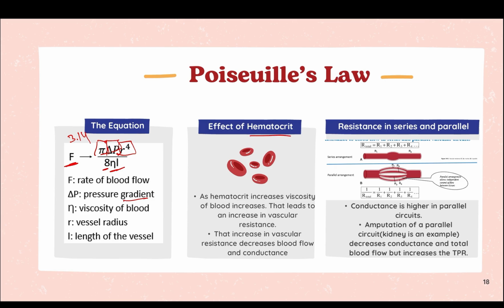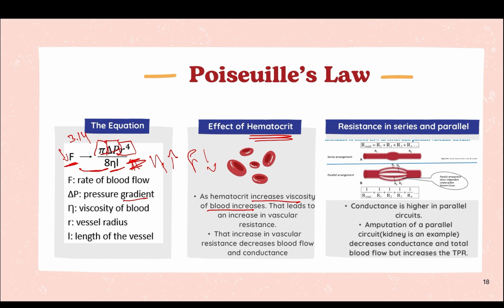Now, let's talk about hematocrit. Hematocrit increases the viscosity of blood. So, as hematocrit increases, the viscosity increases. From this equation, you can conclude that the increase of viscosity decreases the blood flow. If eta, the viscosity, increases, F is decreasing.